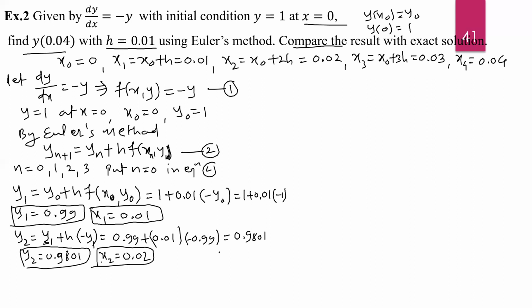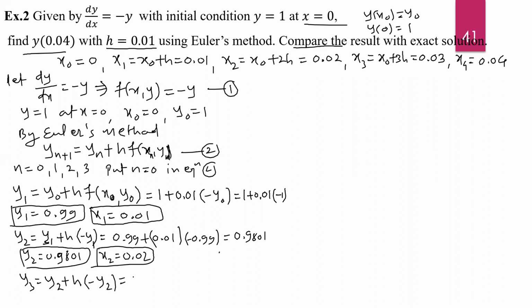Now next, y3. Put n equal to 2. So we get y3 is equal to y2 plus h, and the value of the function is minus y suffix 2.